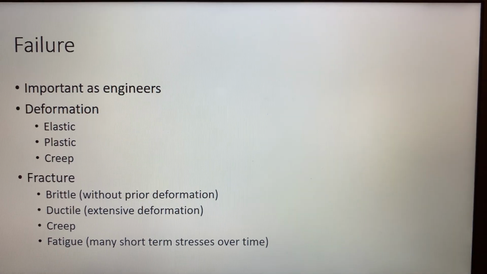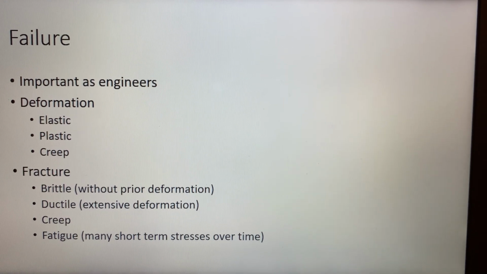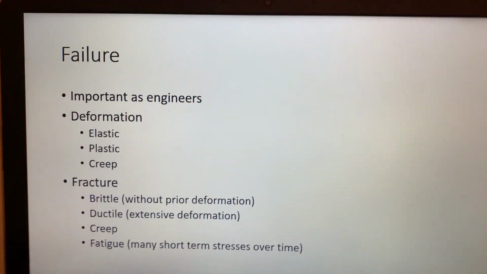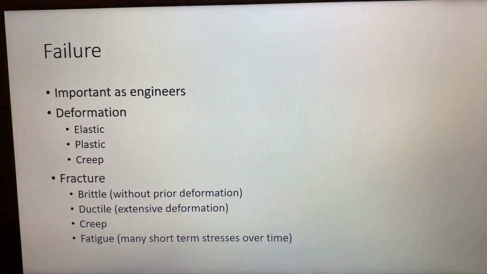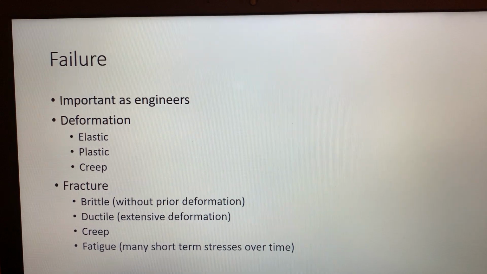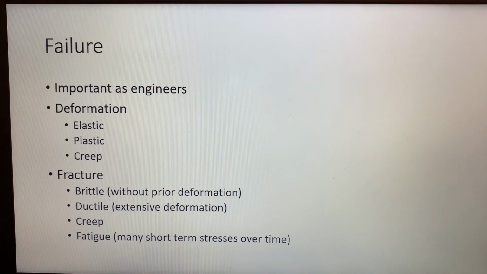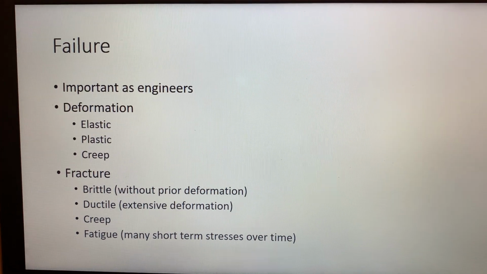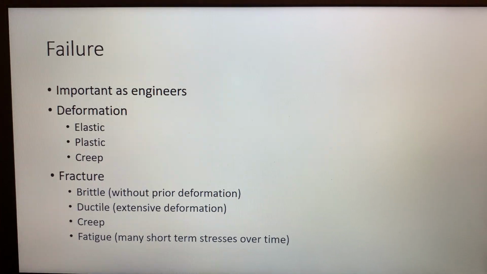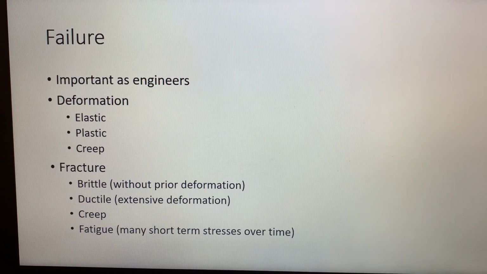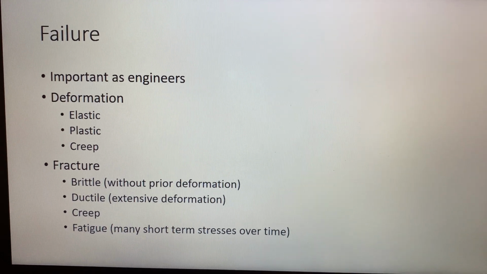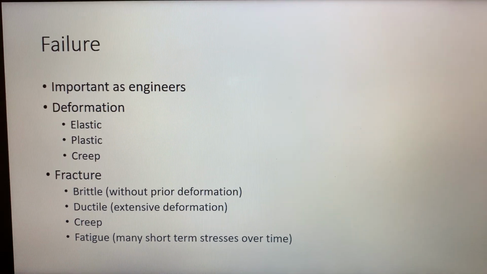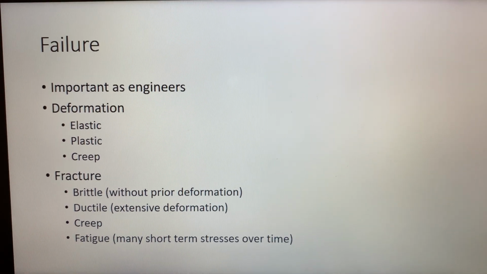If you stretch a rubber band, it's going to go back to its original form if you let go. Same with elastic deformation: if you deform something elastically, like a piece of metal, it'll revert back to its original shape. With plastic deformation, think of a plastic spoon. If you bend it, it's going to stay bent. That's how it works for plastic deformation of metals. Creep comes from long-term stress that causes that deformation.